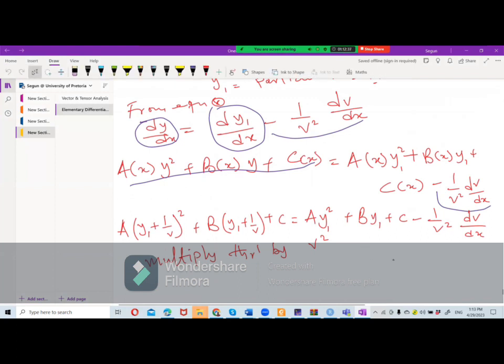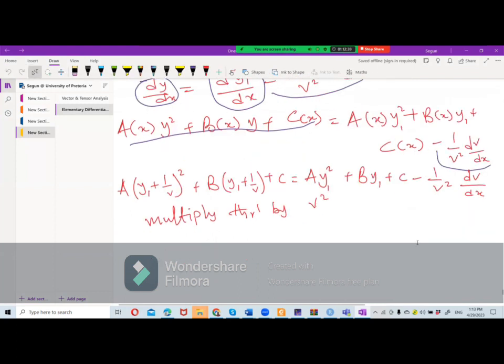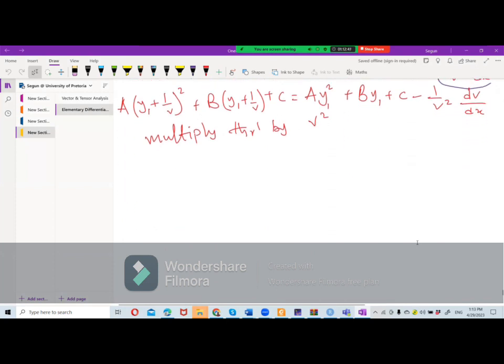Multiply through by v squared. Probably I should open this bracket first so that you understand what I'm doing.